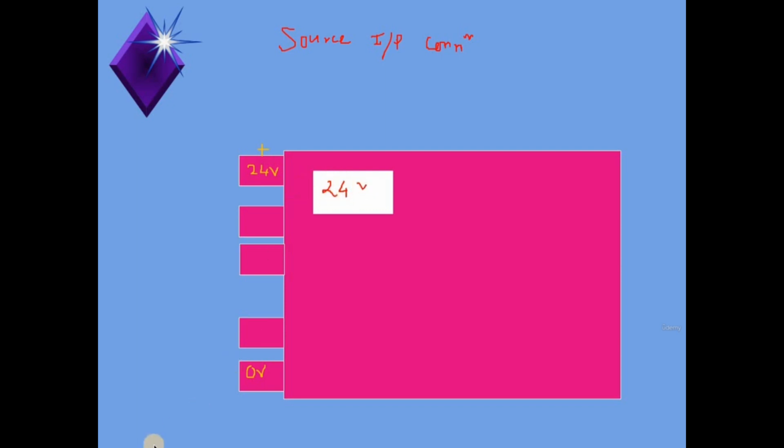This one is the positive, and this one is the negative. Similarly we need to provide like this. Here I have connected the positive terminal to the positive one, and the negative terminal to the negative one, like this.